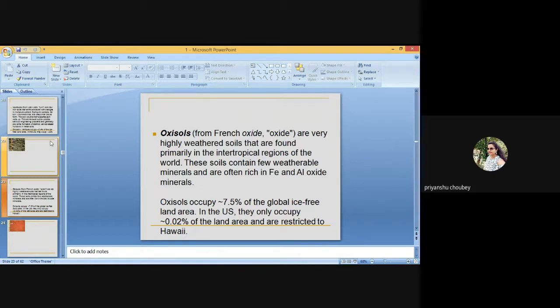Developed from crystalline granites and metamorphic rocks like gneiss and schists. The color is due to a coating of ferric oxide on soil particles rather than a high iron content.